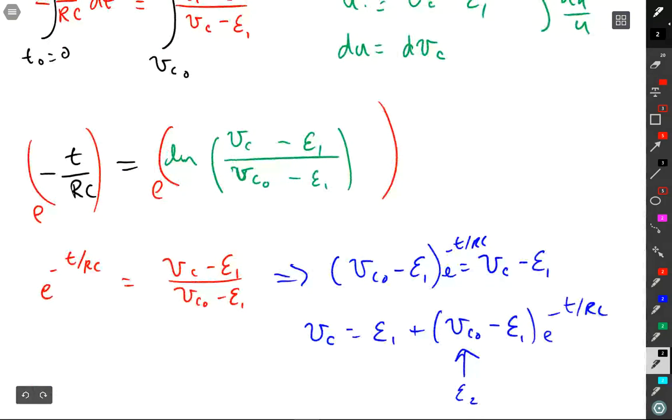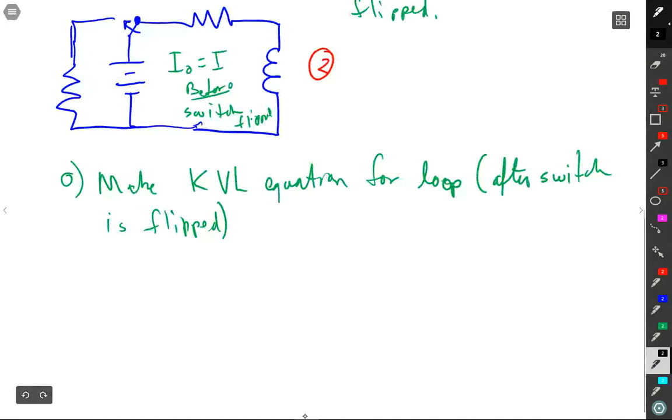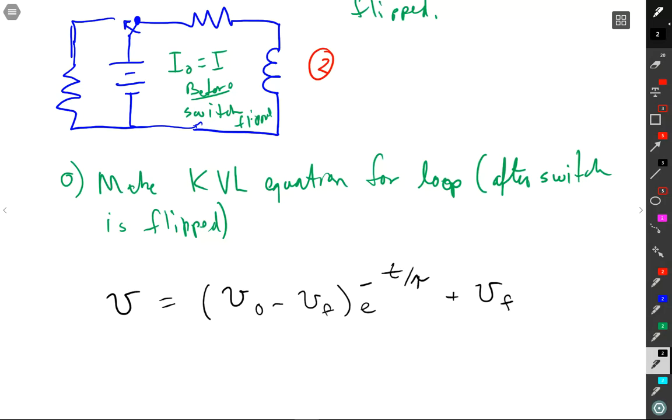You always end up with V equal to V final plus (V initial minus V final) times e to the minus t over tau. And likewise for current.